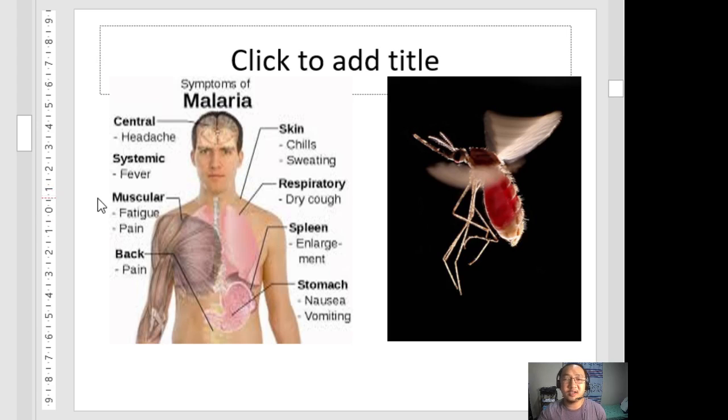So just to have an idea of malaria in terms of the signs and symptoms, persons with malaria may experience chills, but of course it happens with fever first, then chilling, then diaphoresis, then fever. It's cyclical. And in terms of BSMP or the blood smear for malaria parasite, I mentioned that it is the diagnostic procedure and when is the best time to take blood samples.